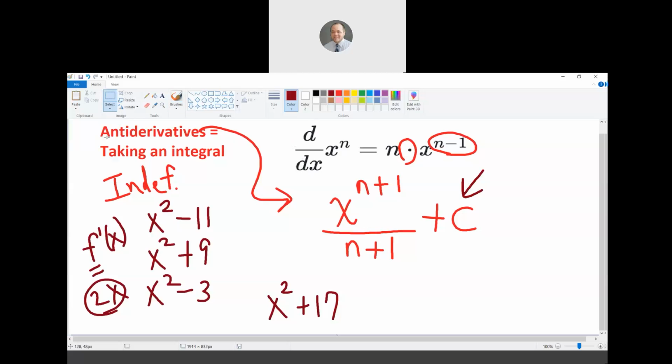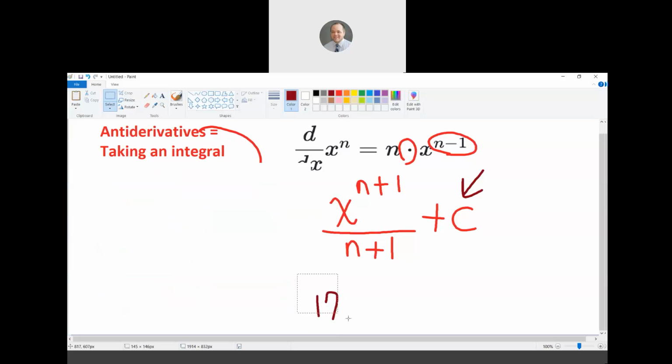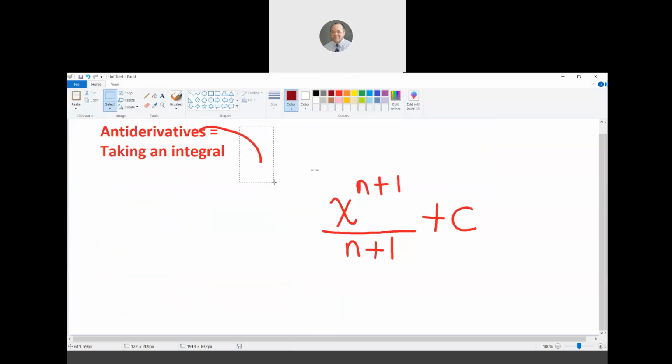Let's use our antiderivative formula to find some antiderivatives. All right, first example, we have x squared plus 3, and we need to find the antiderivative.